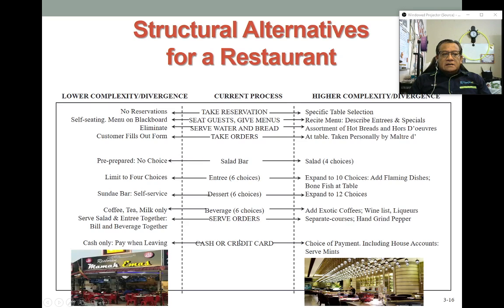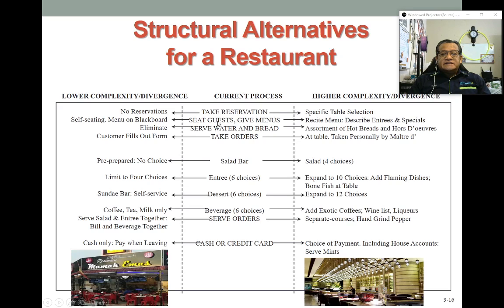You could compare this lower complexity with the higher complexity environment of, for example, a five-star restaurant in a big hotel. For this kind of restaurant, in order to take a reservation, a specific table is normally allocated for you.